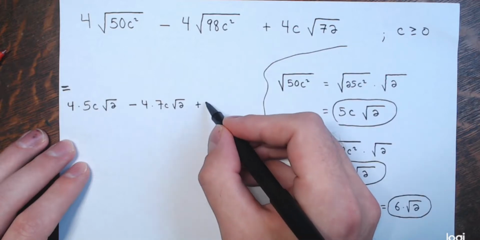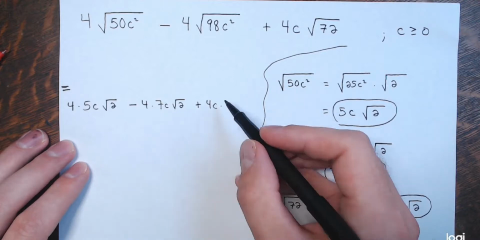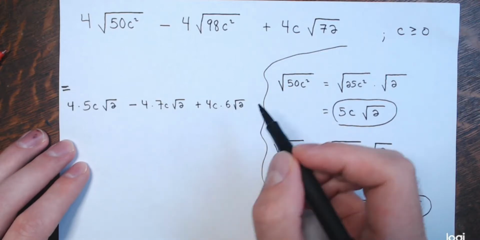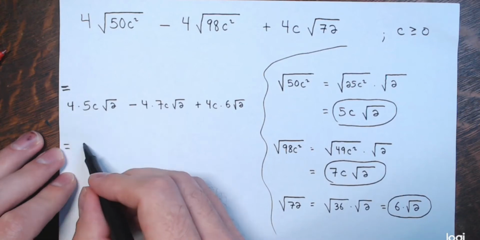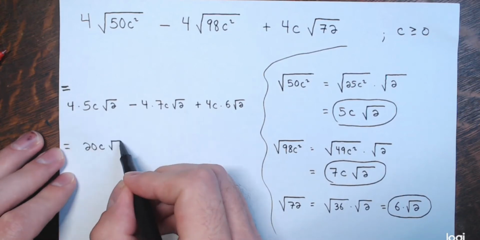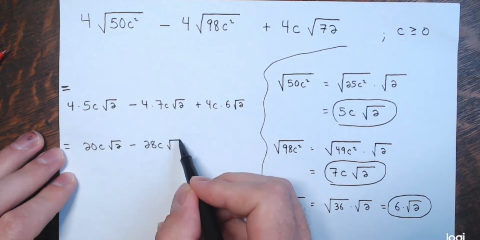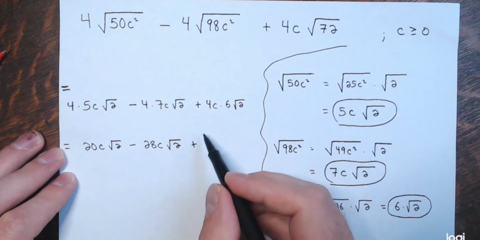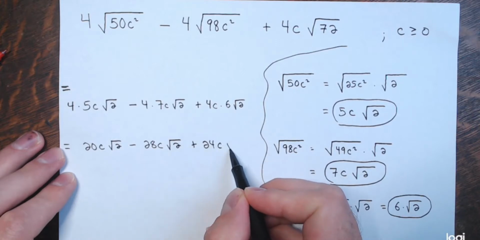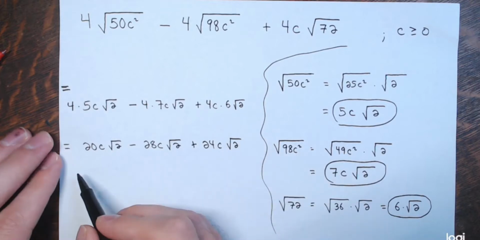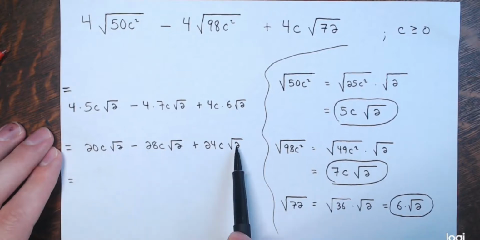And plus, and then 4c times, and then the square root of 72 is replaced by 6 times the square root of 2. Alright, and putting stuff together, multiplying the numbers, we have 20c times the square root of 2 minus 28c times the square root of 2 plus 24c, right, 4c times 6, 24c times the square root of 2, and then every single one of these has a square root of 2, so that's going to be at the end there.